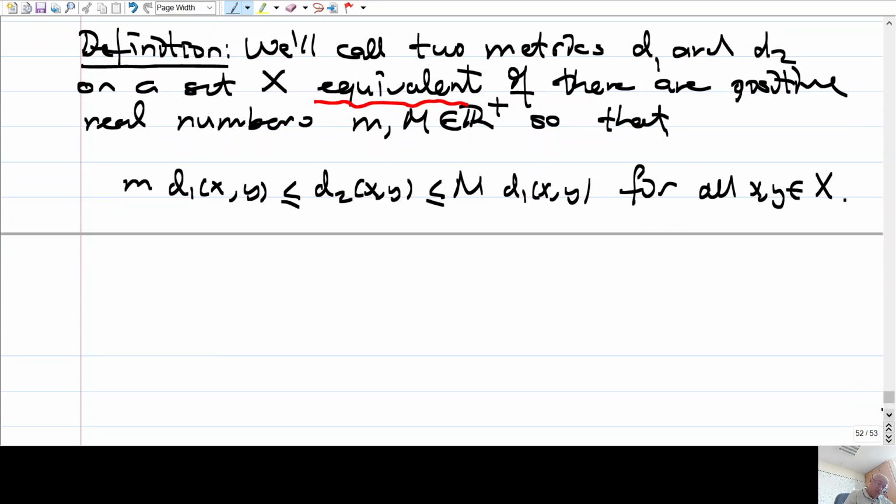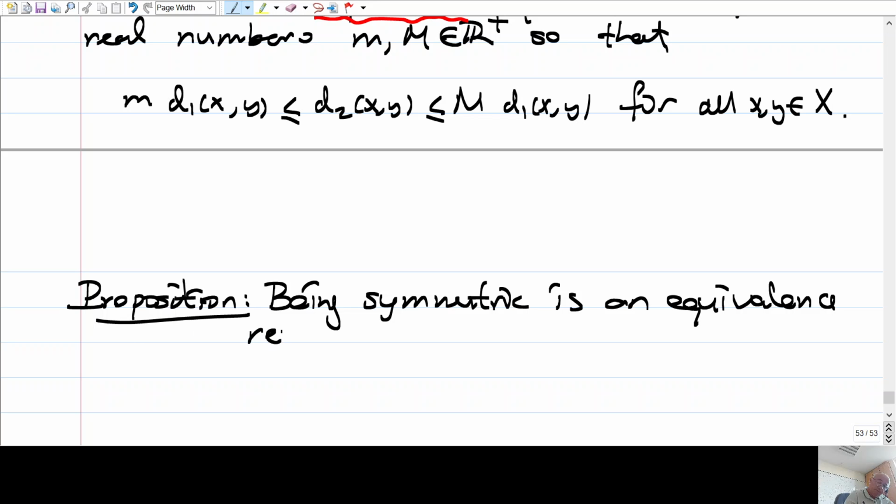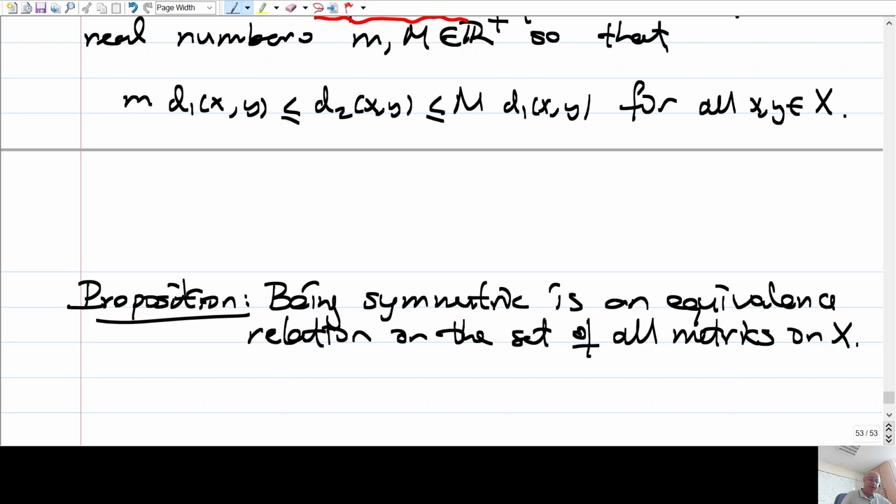Let me write this as a proposition: being equivalent is an equivalence relation on the set of all metrics on X.